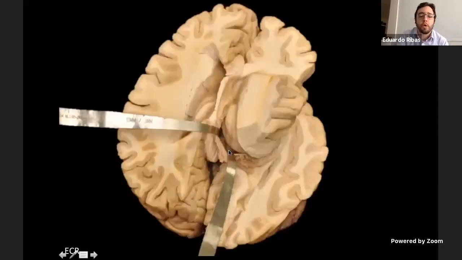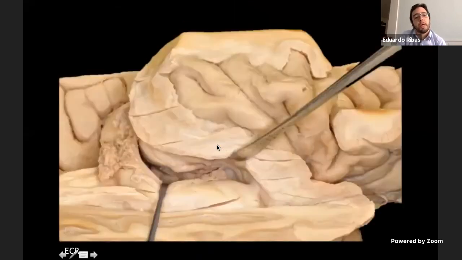If we open it posteriorly, we'll reach the pineal region. And if we open the choroidal fissure inferiorly at the temporal horn, we'll reach the ambient cistern. So seeing how the hippocampal formation, made by the hippocampus with the fornix, can be really easily detached from the central core, from the thalamus particularly.